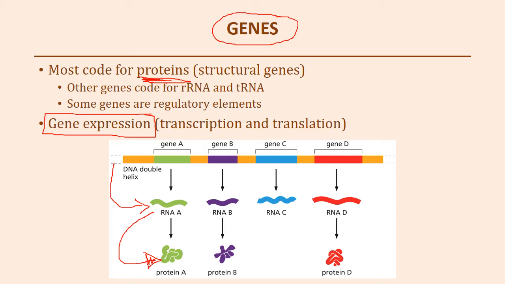In fact, humans have about 2,400 genes, and those 2,400 genes are able to produce hundreds of thousands of different proteins.